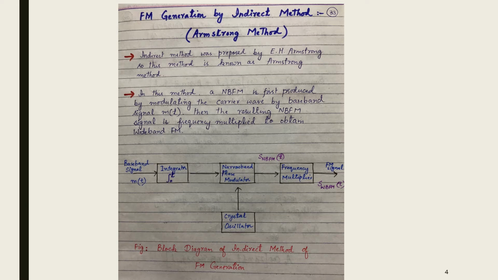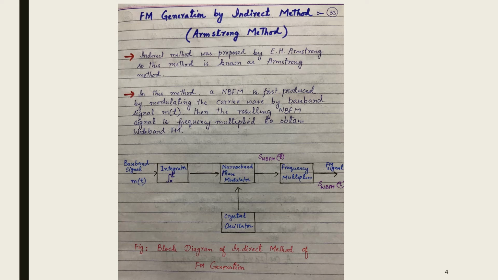The alternative is the indirect method, which is also known as the Armstrong method. In this method, the FM is obtained through phase modulation, and then a crystal oscillator is used.